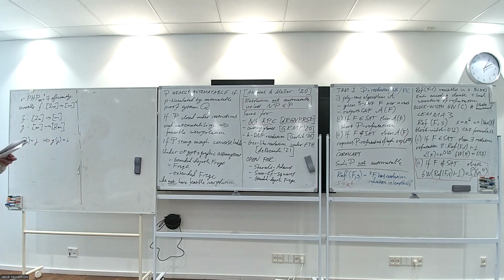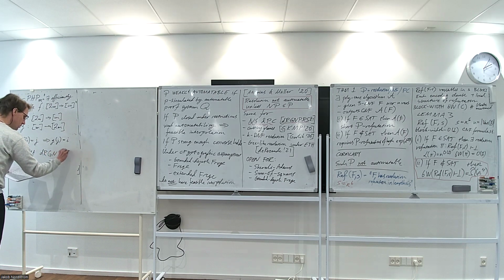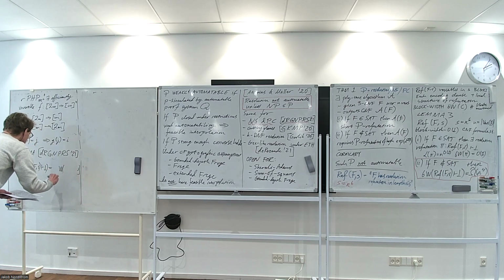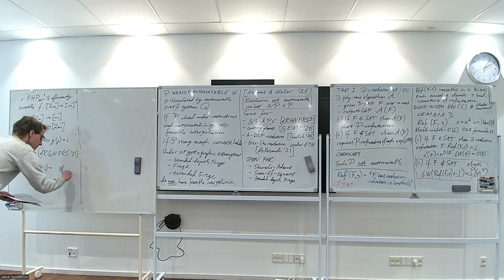Now what we're going to prove, and this is already from our paper, is that the block width of refuting the claim that F has a short refutation is at least the standard width of refuting the RPHP formula.